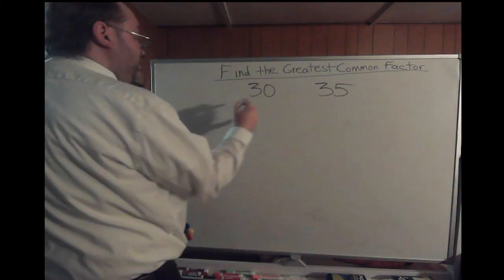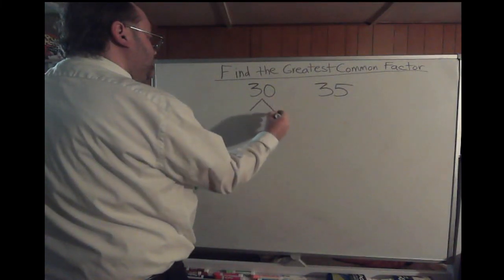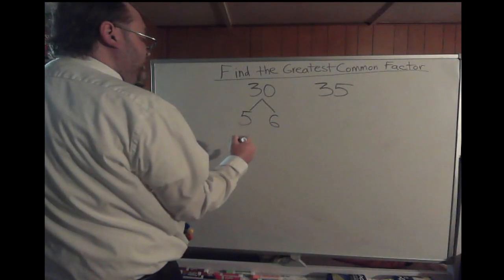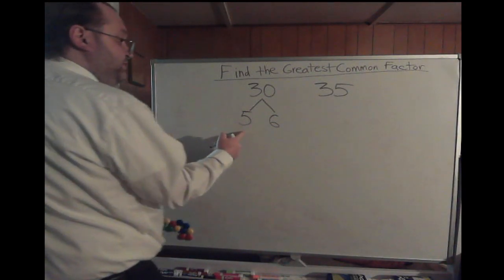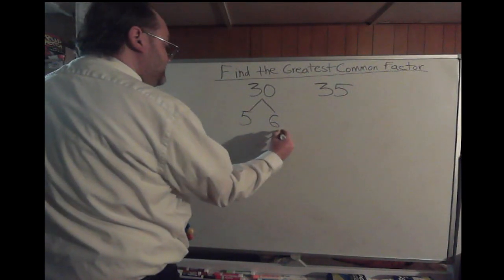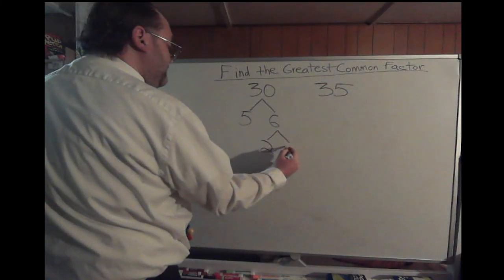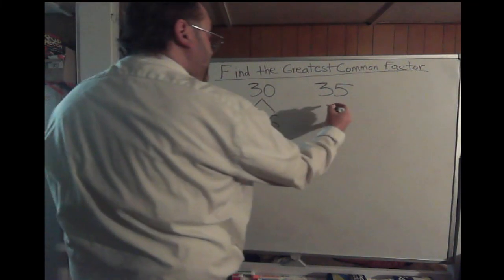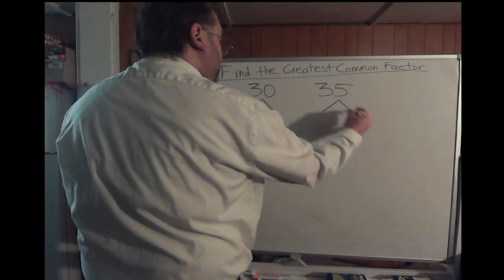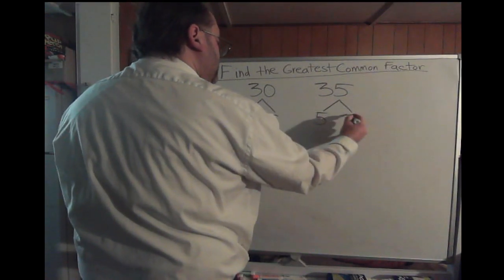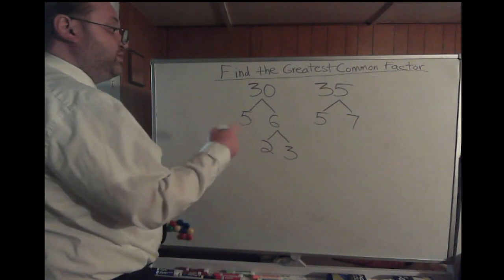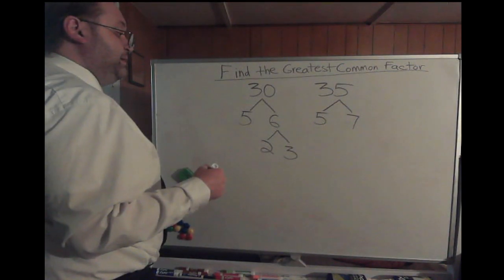Let's start with 30. 30, of course, you have 5 and 6. Those are factors of 30. Well, you can't factor 5 any further, but you can factor 6. You would get 2 and 3. Okay. Now, 35, you get 5 and 7. You can't factor either of those any further.